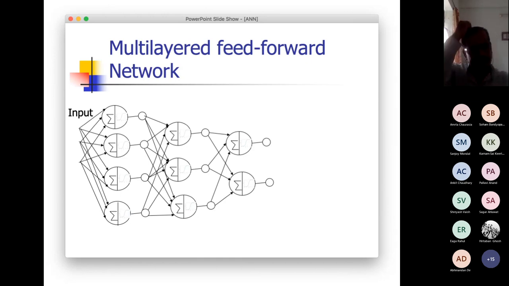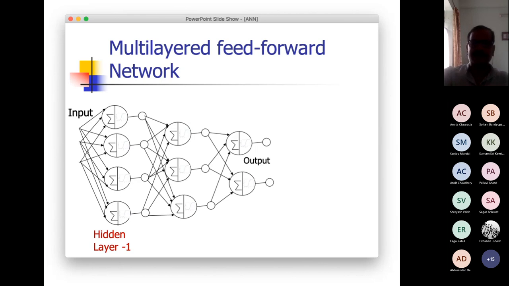Just some technical terms: as you can see, the input layer itself is the input, what you are giving. And then the output layer is the output neurons, of course. And then the hidden layer, I should say, is the first layer. We call it the first layer because input is already a node.